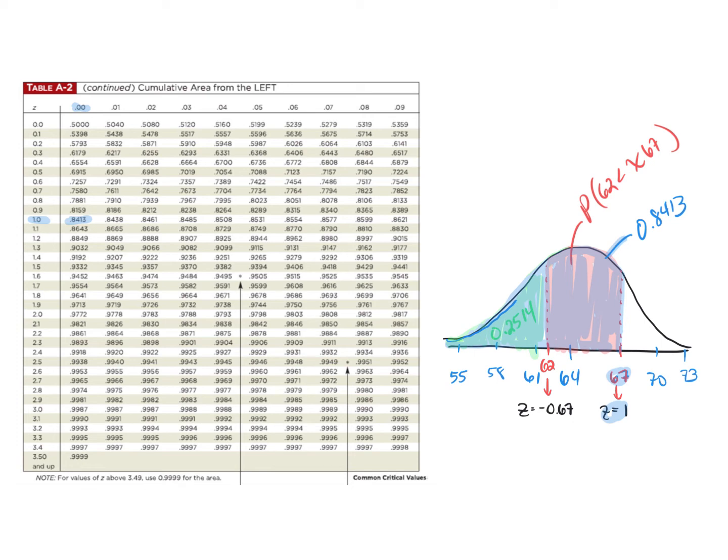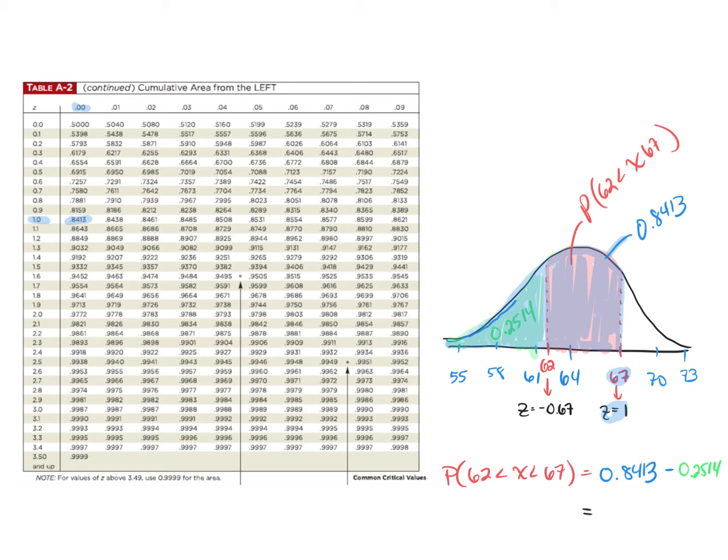I hope you will agree with me that the area of the red region is equivalent to the area of the blue shaded region minus the green shaded region. So if I want to know the probability that a randomly selected female has a height between 62 and 67 inches, I would take the area in blue, 0.8413, and subtract the green shaded region, 0.2514, and that will give me the red shaded region.